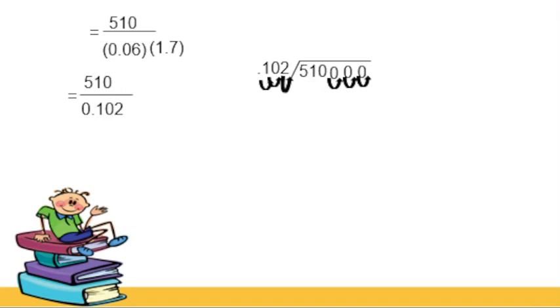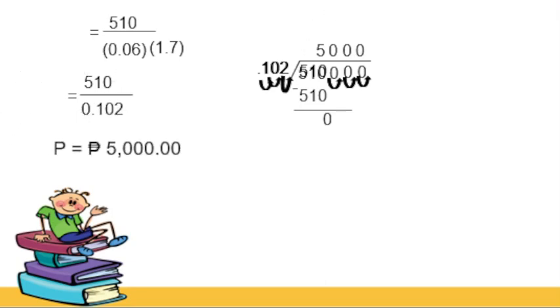How many 102 are there in 510? There are 5. Then 5 times 102 is equal to 510. Then subtract, so that will become 0. And then just copy the number of zeros from the dividend to the quotient. Therefore, the principal is 5,000 pesos.